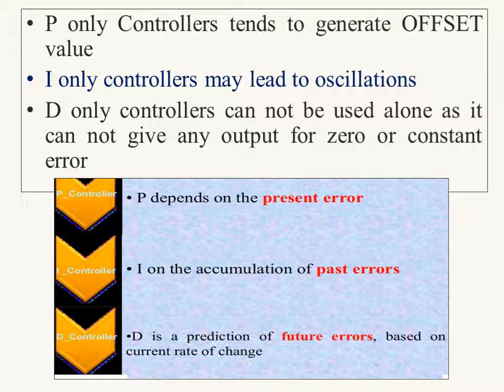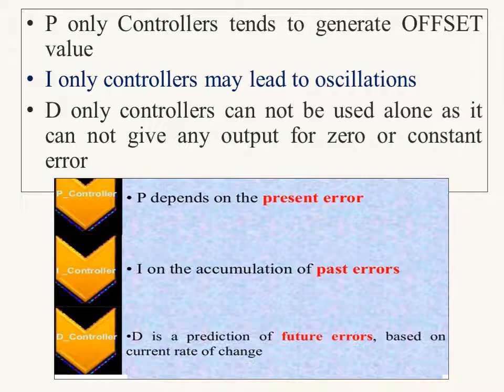You can get the output very fast, but you can have oscillation. Then the next one is D only control. A D only controller cannot be used alone, as it cannot give any output for zero or constant error. Then P depends upon the present error, that is proportional depends upon the present error. I depends upon the accumulation of past error.